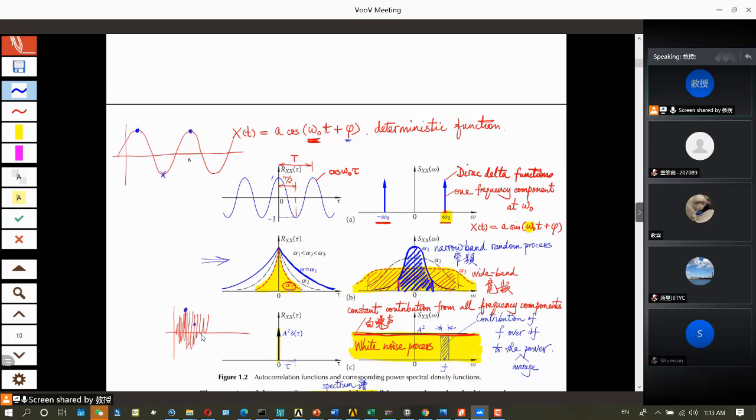Now, for alpha 3, the decay of the correlation function is relatively sharp, but the corresponding power spectral density function is relatively flat.